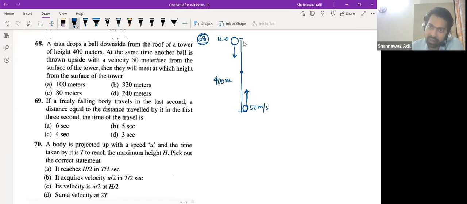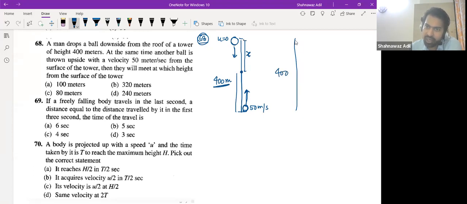Let's say this is x, and this is y. If this is x, then how much would this be? The total distance is how much? Yes, so total is 400.